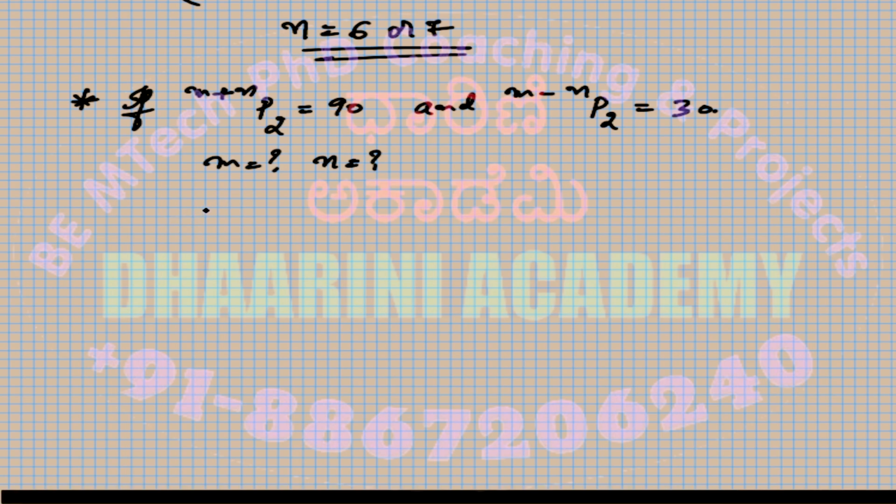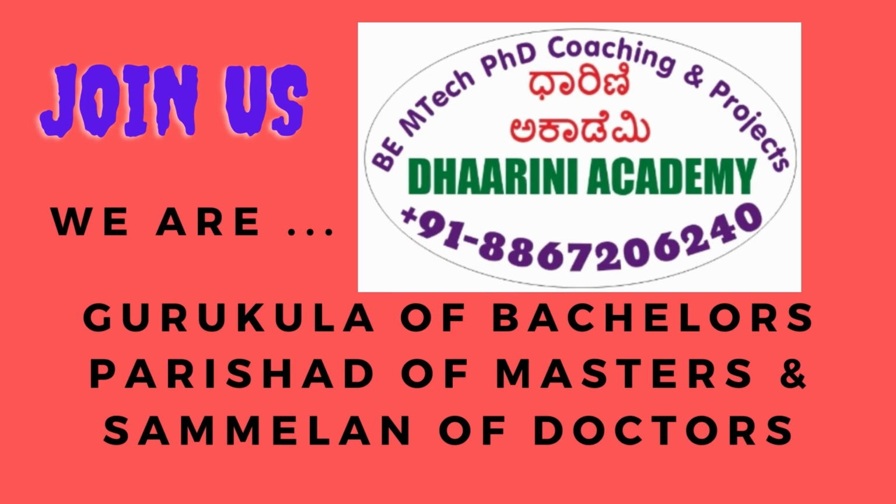So when we solve, we get one of them, the bigger one, as 8 and the smaller one as 2. Okay, that is the correct answer.